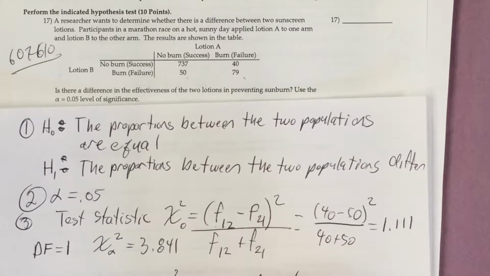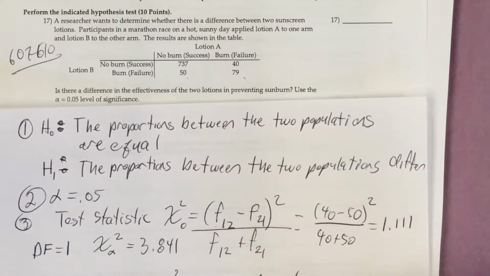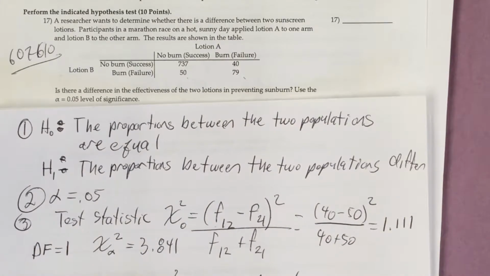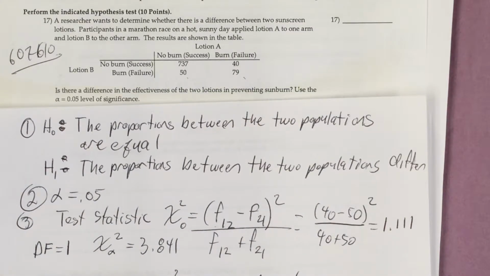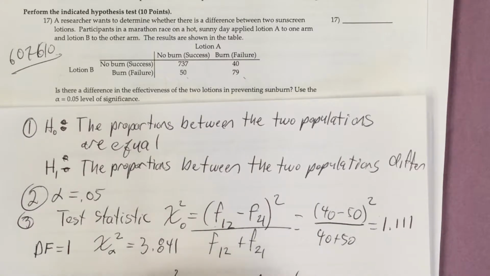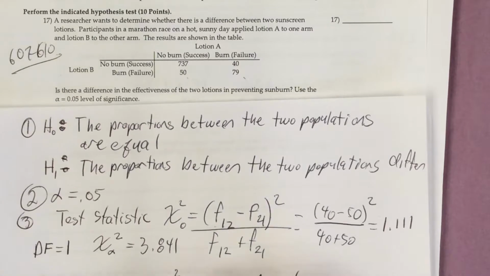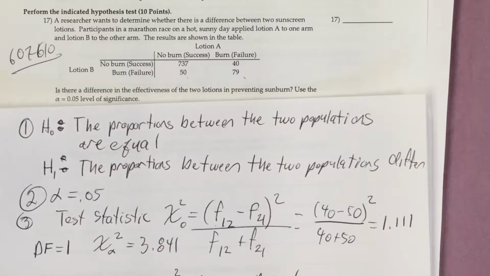If not true, fail to reject. But in this case, oh sorry, I got these reversed. If our test statistic is greater than our critical value, then we reject, otherwise we don't.